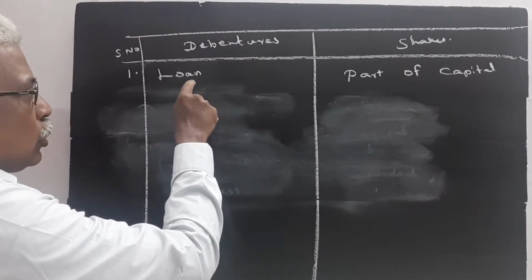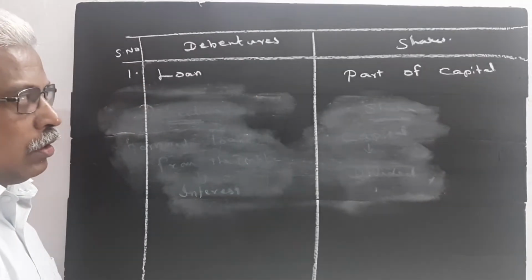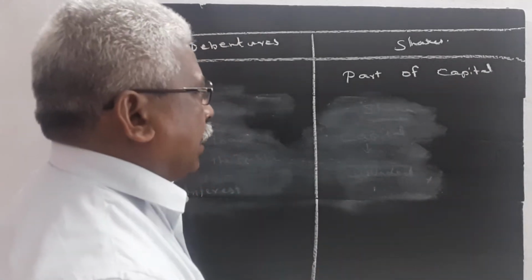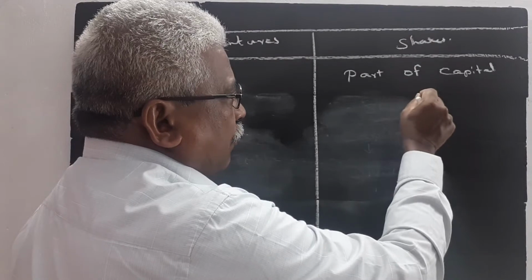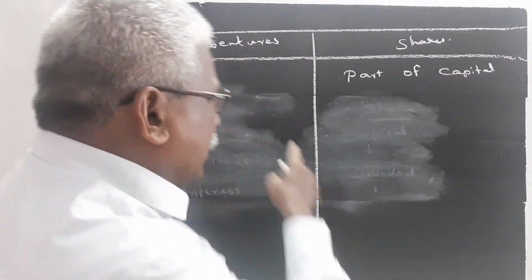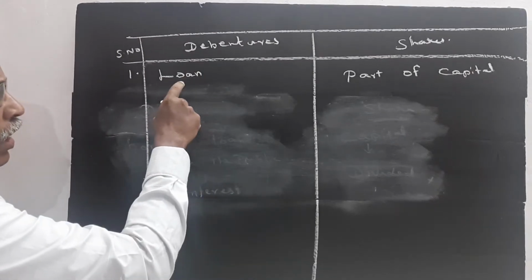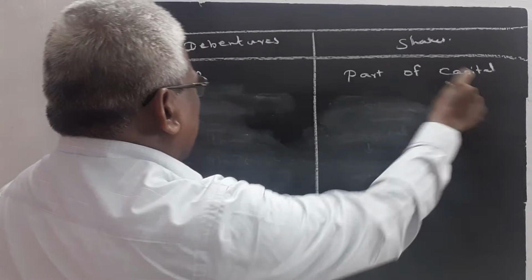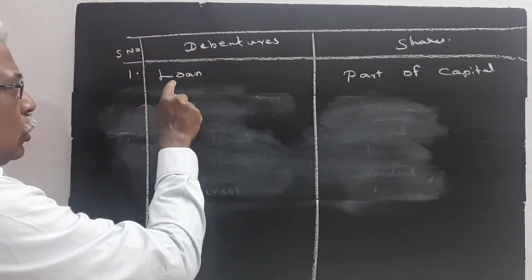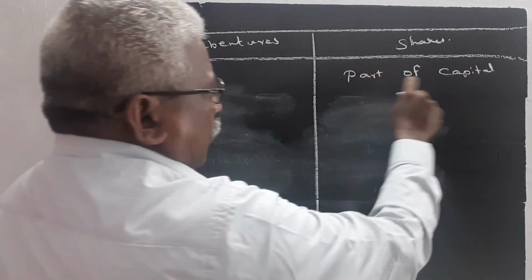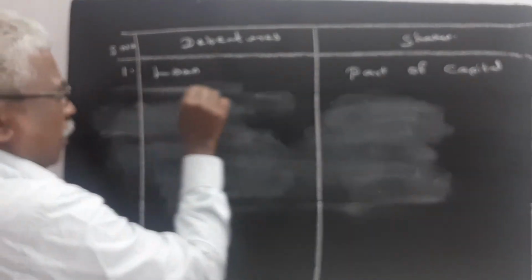Debenture constitutes a loan. Share is a part of the capital of the company. Totally 10 points I am going to explain. The first point is completed. You just remember loan and capital. Debenture constitutes a loan, but share is a part of capital. First point completed. Then point number 2.